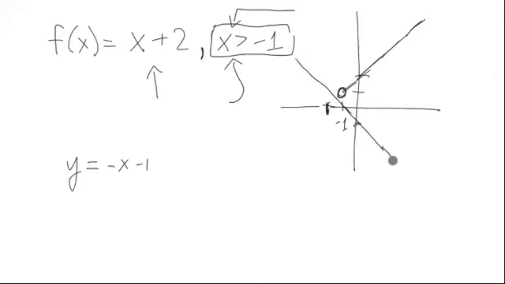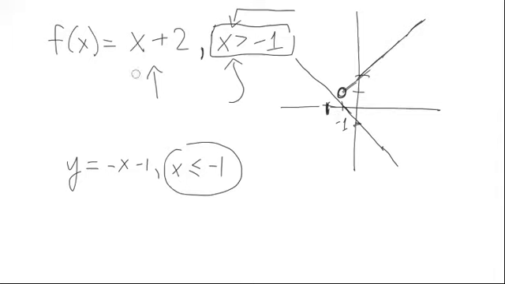Now let's impose a restriction on it. Comma x, this time let's let it be x is less than or equal to -1. This graph corresponds to this one, but then we're going to impose a condition. When we graph it, we have to respect this. We don't want any x values showing up that don't satisfy x less than or equal to -1.